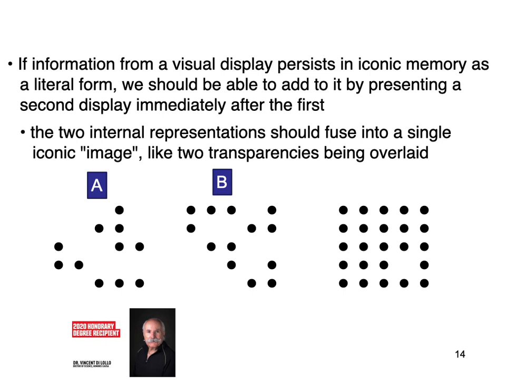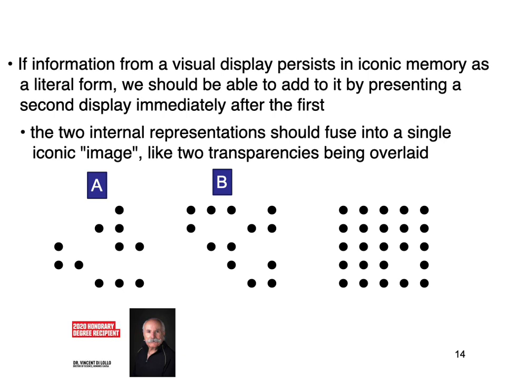B then is also loaded into the icon before it fades because there's no delay between A and B. So I see A, it activates all the little dots in their particular location retinotopically. Retinotopic means faithfully representing what's on the retina in a particular location. B then is another retinotopic representation.